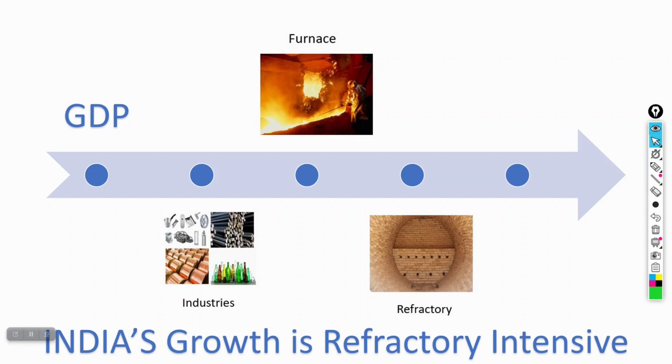It is dependent on this refractory, and today we are going to discuss the fundamental and technical analysis of a company which is a market leader in manufacturing the refractory materials. That is why, friends, what I am trying to say is, whether the iron sector grows well, or the aluminium industry grows well, or copper grows well, whatever core manufacturing business grows well, despite any of the industry, refractory is very much needed. So it is kind of proxy investing, and the company which manufactures these refractory materials is RHI Magnesita.